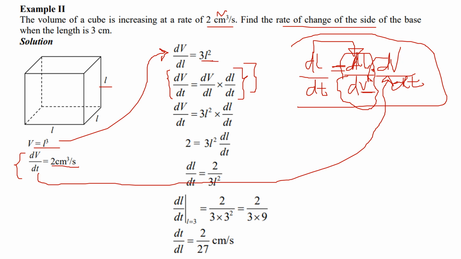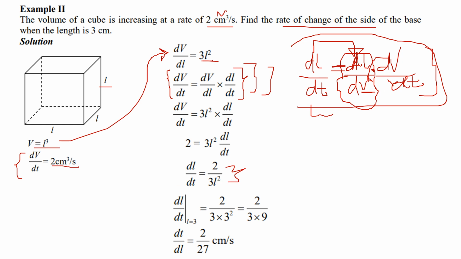Then you substitute everything in either of these expressions, and you make dL/dt the subject, just like here, and you end up with 2 divided by 3L squared.